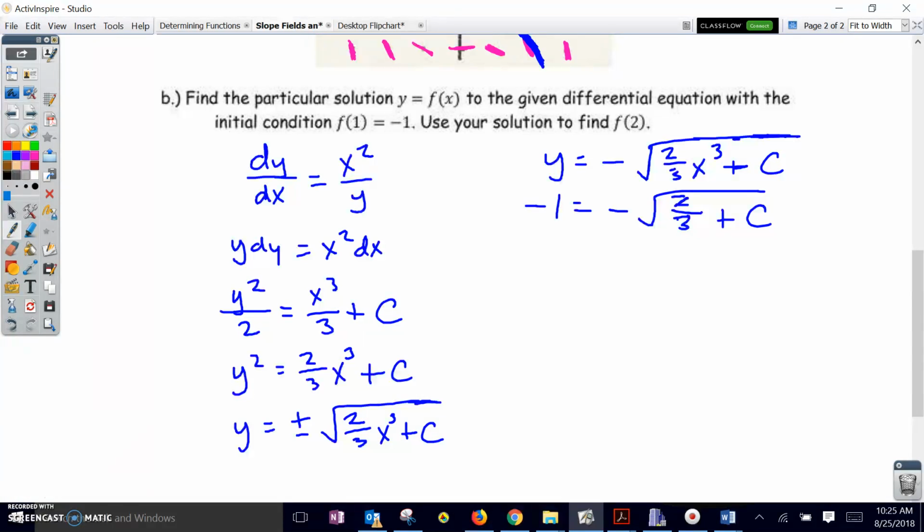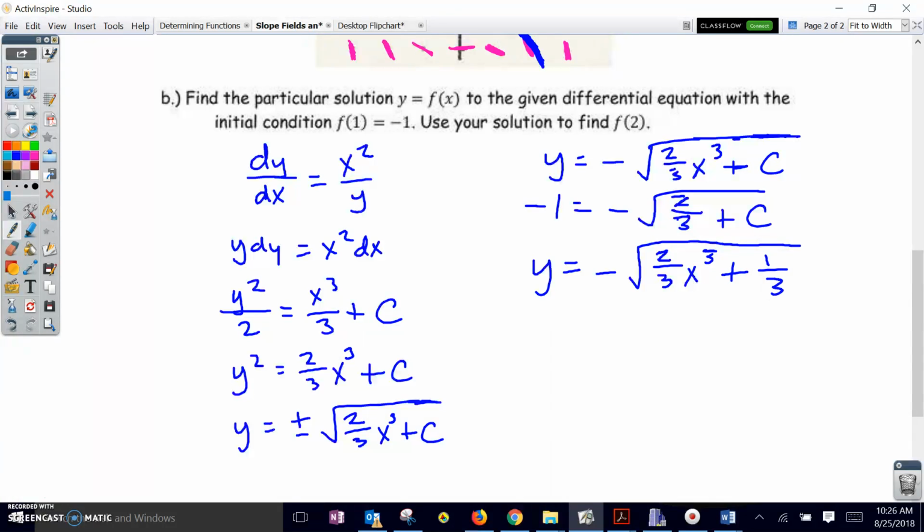And so we want what's inside the radical to be 1. So c is going to be 1/3. That gives us a particular solution to the differential equation, y equals the opposite of the square root of 2/3 x to the third plus 1/3.